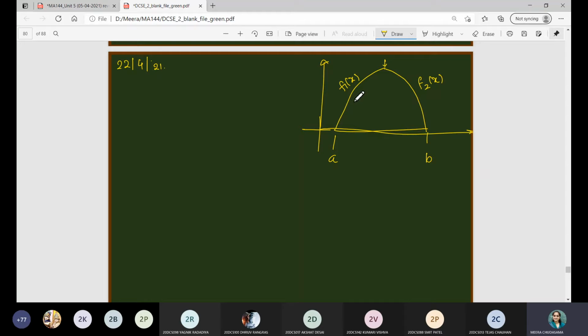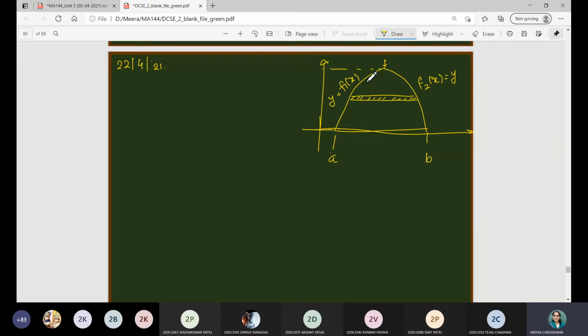In that case, if I consider this strip, then since it is perpendicular to the y-axis, we have to determine constant limits for y, which is from 0 to something, and x will vary from this function to this function. You can convert this in terms of y also.